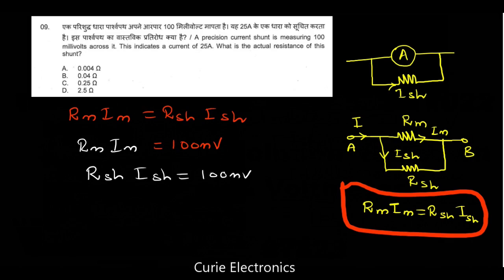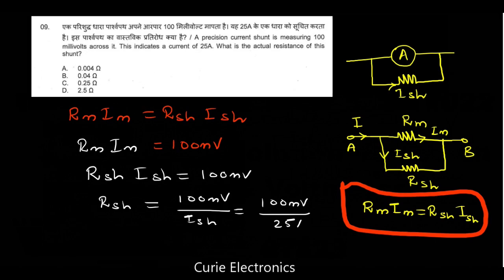What we have to find is RSH, because ISH is also given. RSH is 100 millivolt upon 25 amps.